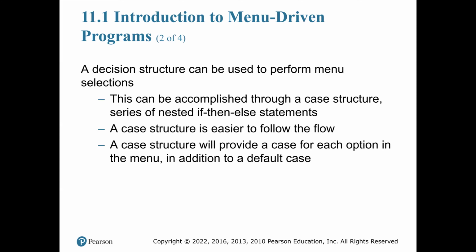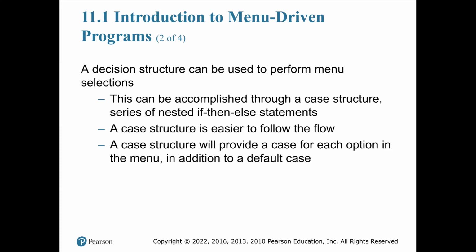We always have a set of options, and then we use the decision structure to choose which one. Typically, a case structure is usually the best way to do this, simply because you have a switch case in Java, and you have a limited number of options. Maybe it's not a small number, but it's a limited number.